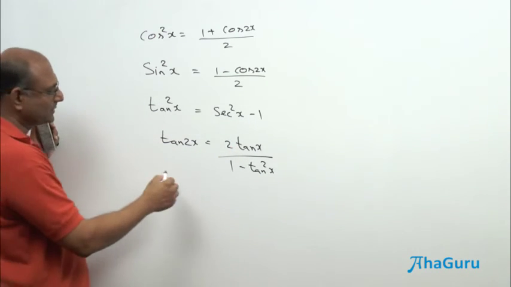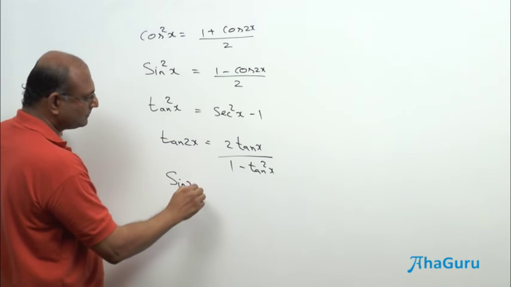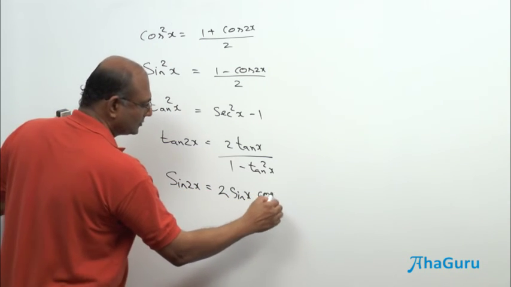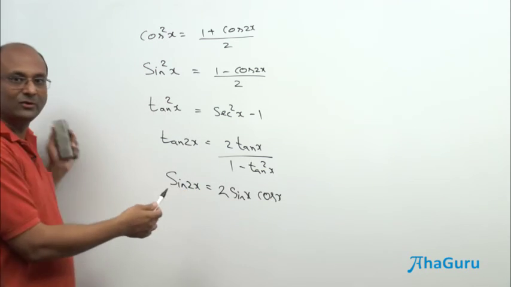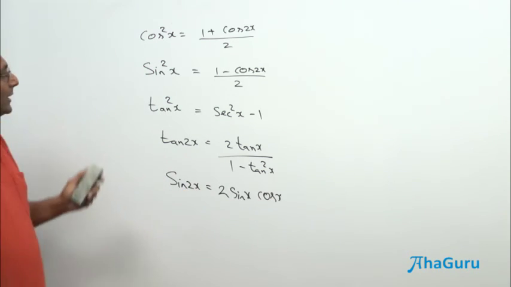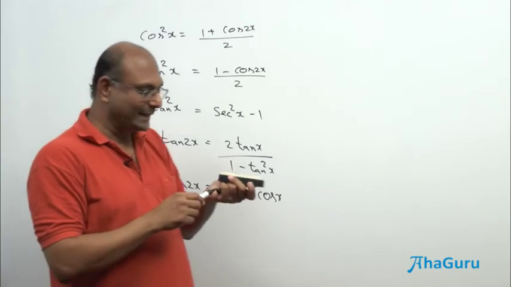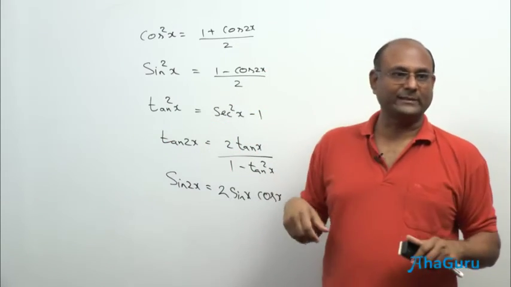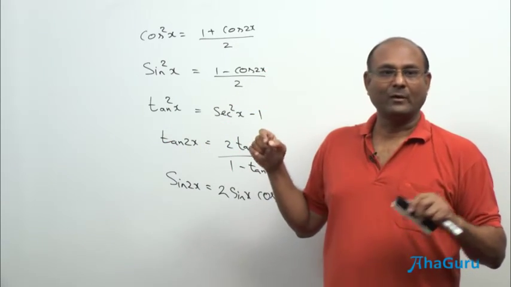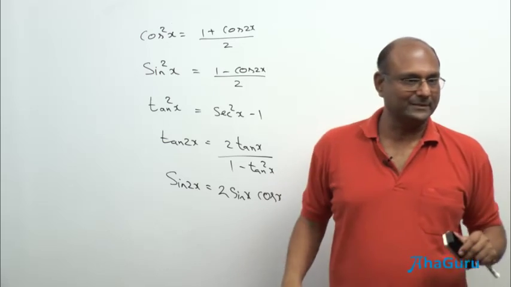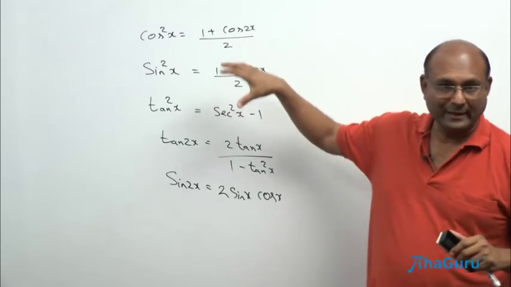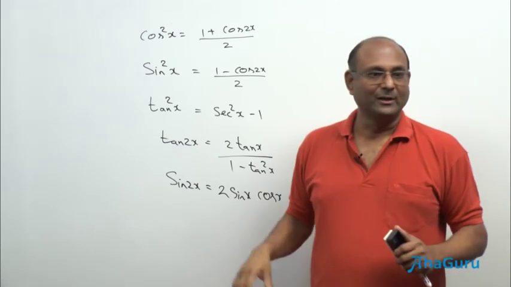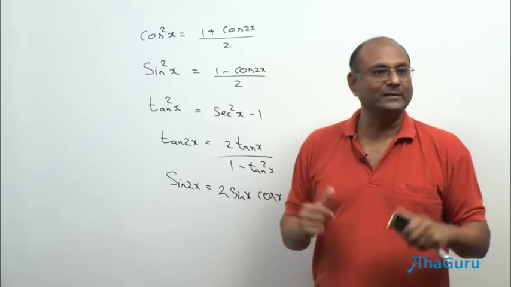And of course sin 2x, we can always write it as 2 sin x cos x. So sometimes when you have sin x cos x, you should be able to convert it to sin 2x. Now, keep in mind that these identities are already things you know, but the fact that they will be useful in integration, that is something we are going to see with a few examples. So when you do the exercise questions, remember that these are things that will come up as part of the question. You should be able to use any of these identities to solve problems.